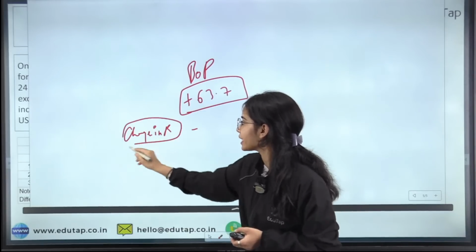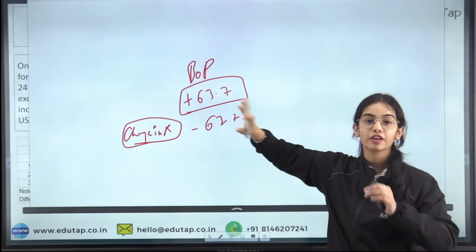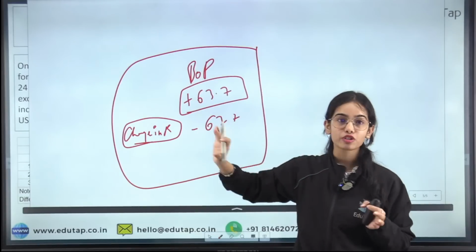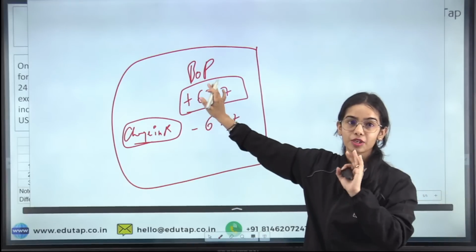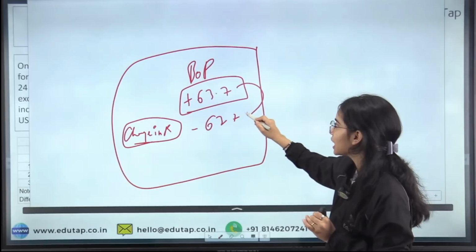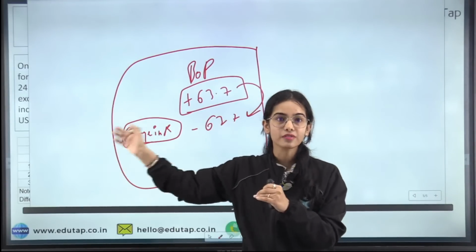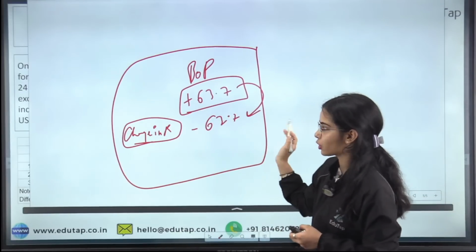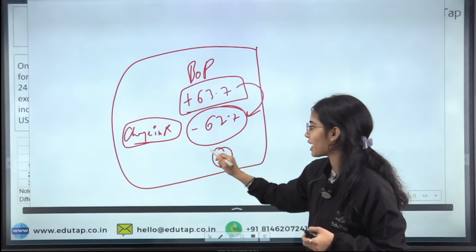So we show it as negative 63.7 because in the balance of payment summary, we show that the surplus has happened of 63.7. Then we show that from the balance of payment, the money is flowing out. When the money is flowing out to the reserves, it is shown as negative $63.7 billion, to balance out this balance of payment.